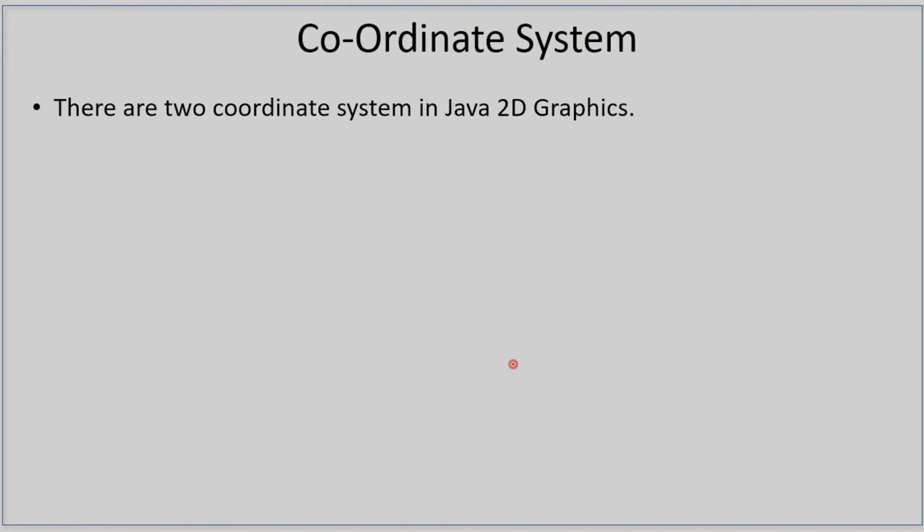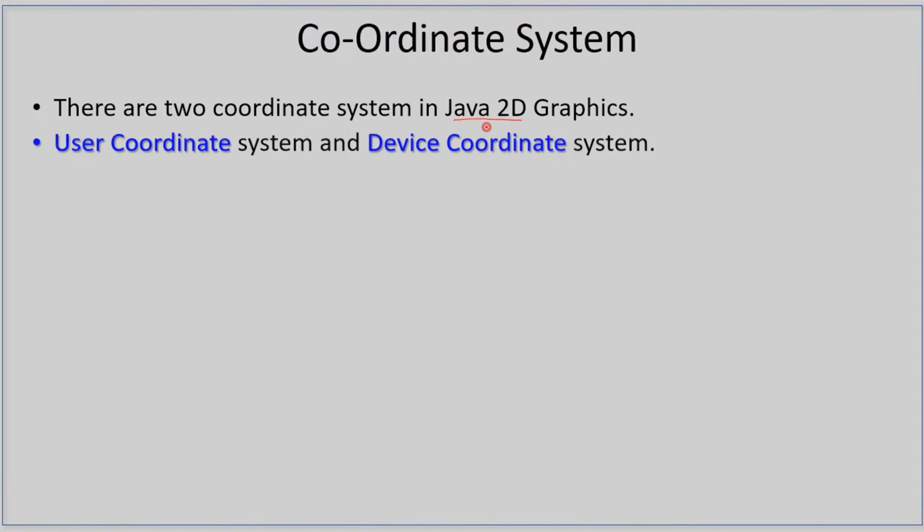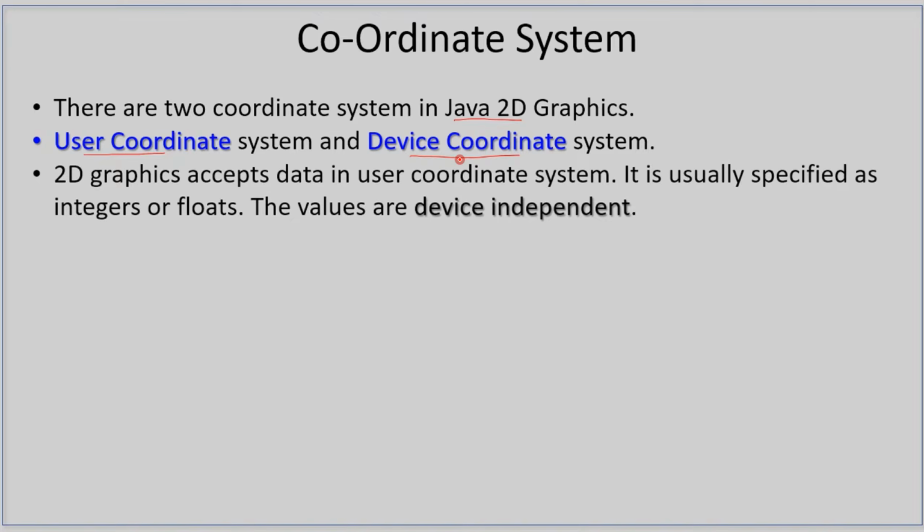As already told, there are two coordinate systems in Java2D graphics. One is the user coordinate and another one is the device coordinate. 2D graphics accepts data in the user coordinate system.